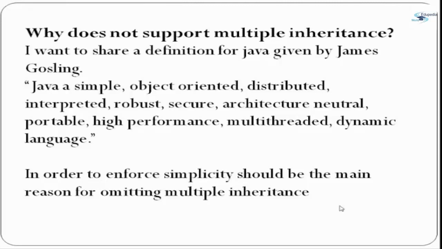Now my class Animal has a method makeSound, and my class Mammal also has a method makeSound. And now my Dog needs to call that method. So how will it decide which method to call? Should it call the method of Animal or the method of Mammal?